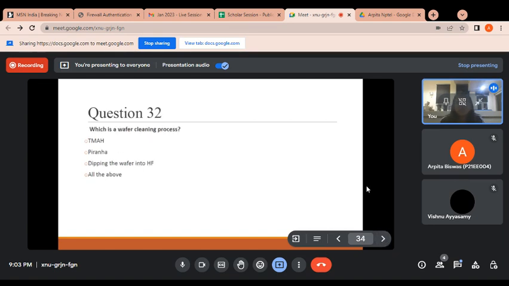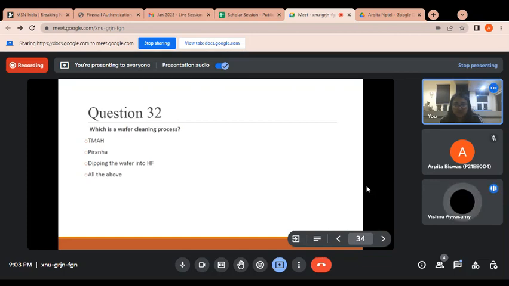Question number 32. Which is a wafer cleaning process? It is an easy question, so here you can say what the wafer cleaning process is. Previously also we have discussed. Ma'am, all of them, ma'am. No. TMAH is an etching process. We etch silicon, it is wet etching and anisotropic.